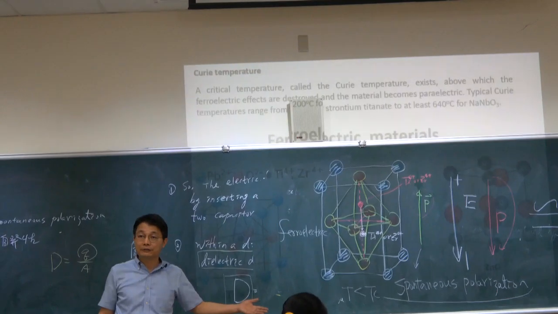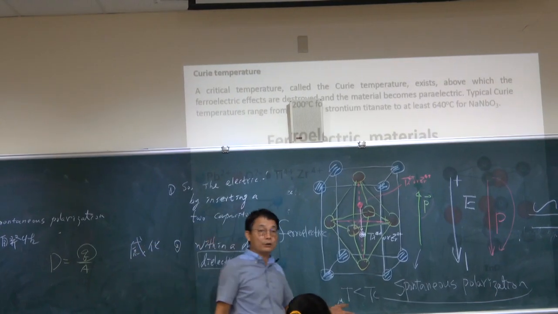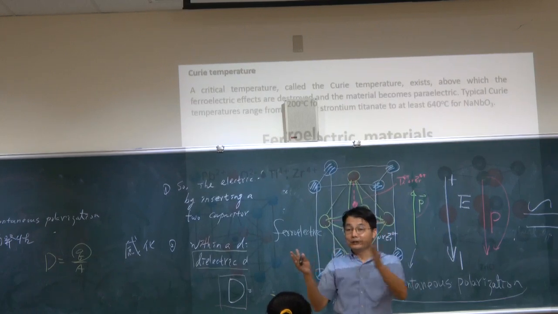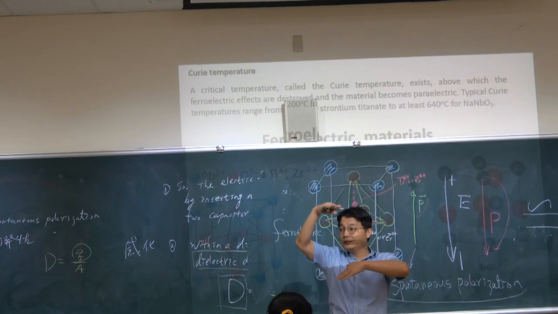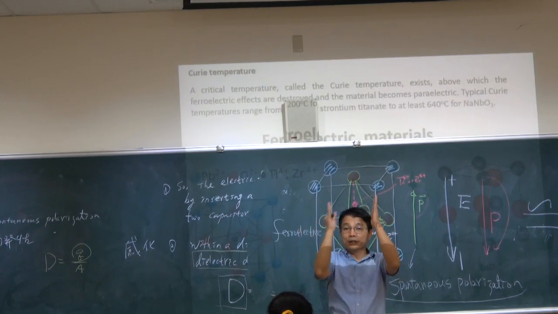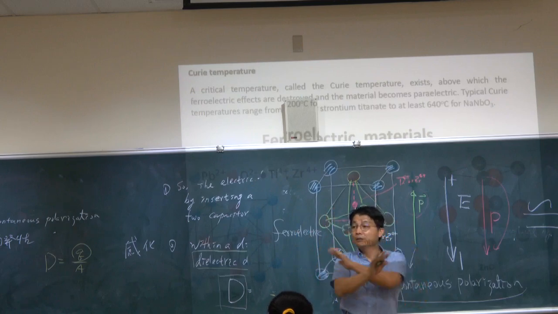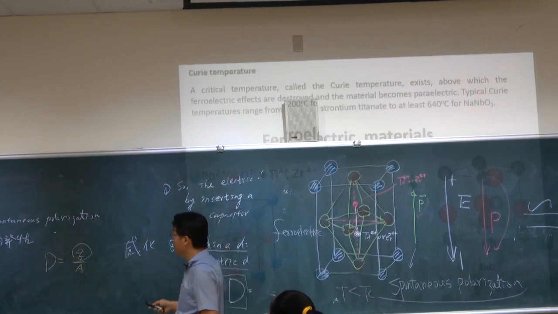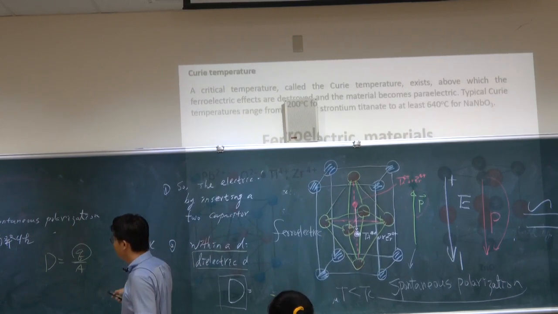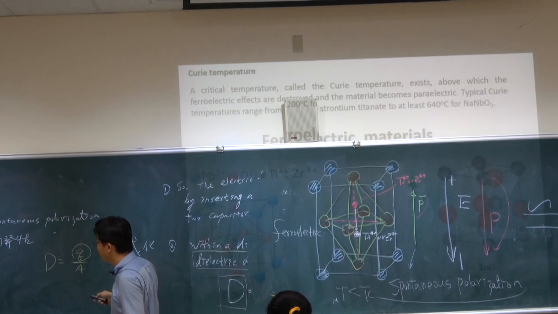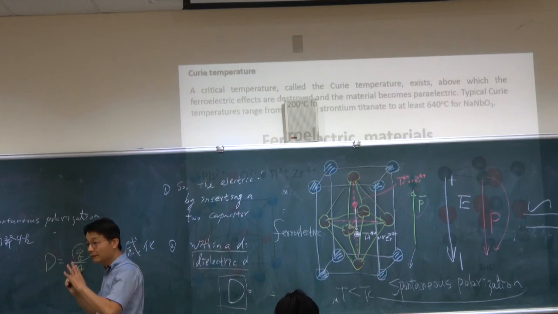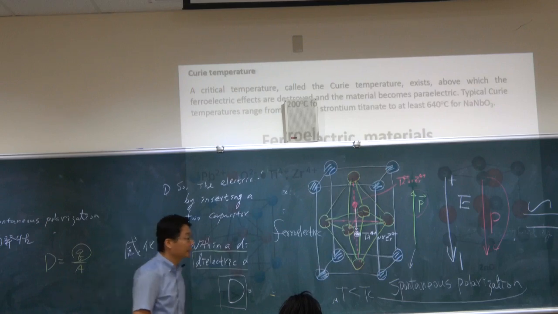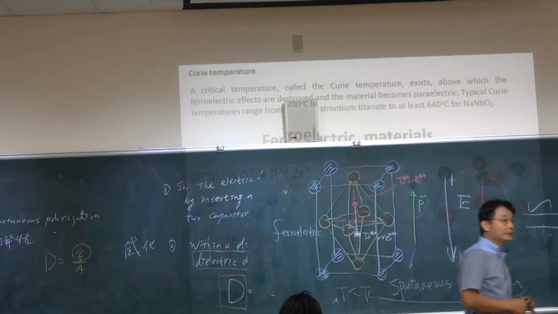If you grow zinc oxide with random polarization, and you ask whether it's possible to apply an electric field to align them, it is impossible, because the spontaneous polarization in growth already exists. So it is not possible to switch their domain.